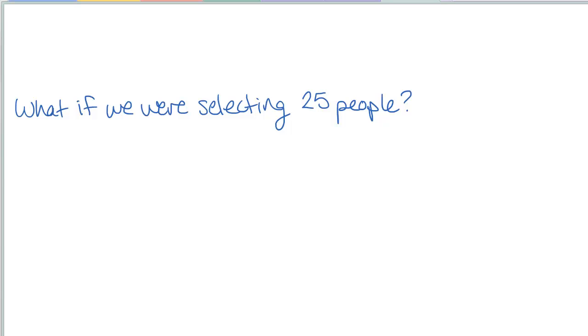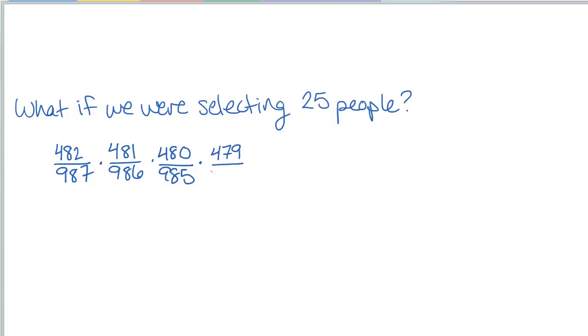Now, what if we were selecting 25 people? So the process would be the same. We would say that the first person, the probability of them having a dog would be 482 out of 987. Then the second person, we said 481 out of 986, 480 out of 985, and we'd have to just keep on doing this 25 times, and so on.